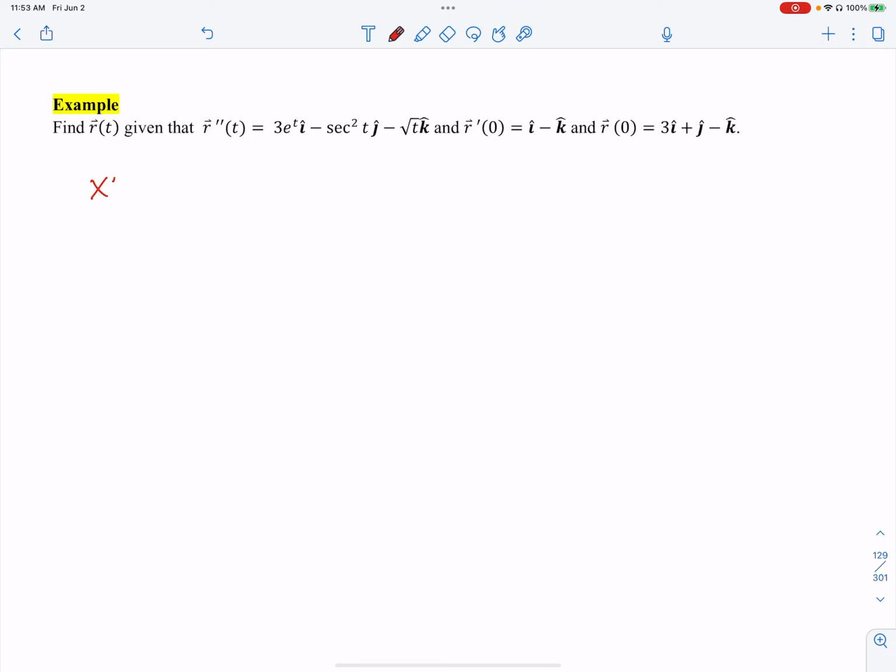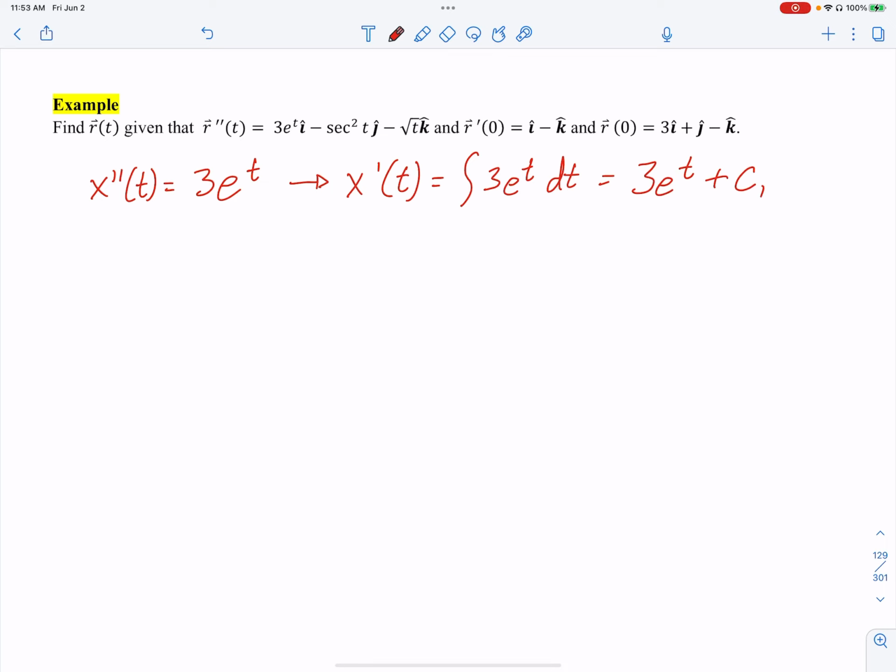So x double prime, start working piece by piece, is 3e to the t, which tells me x prime is the integral of 3e to the t dt, which is just 3e to the t plus c1. Then I have y double prime, which is negative secant squared t.